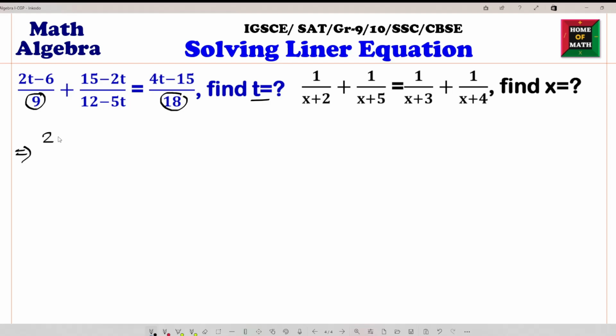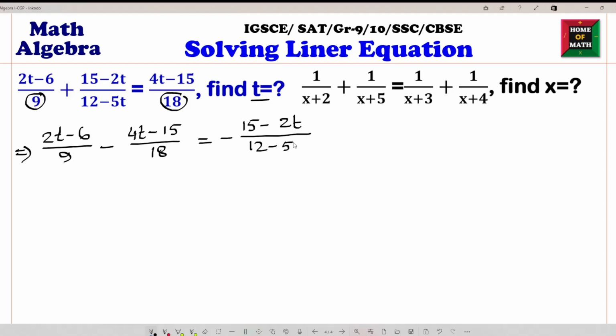So we can write 2t minus 6 divide 9 minus 4t minus 15 divide 18 equals to minus 15 minus 2t divide 12 minus 5t, right? Now here LCM is 18, so here is 2t minus 6 minus 4t minus 15, okay?